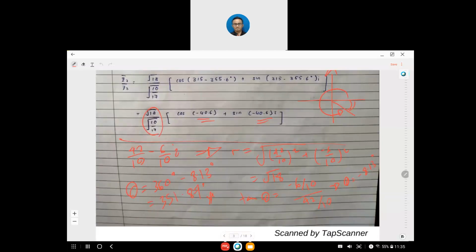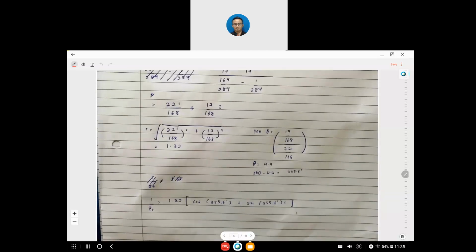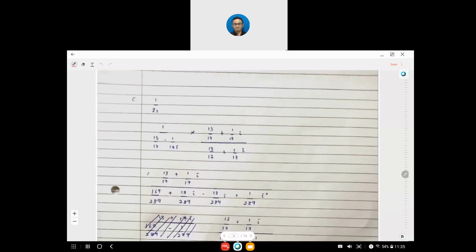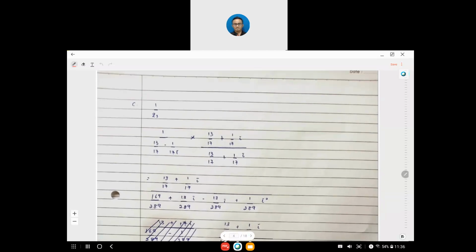Sorry. Why did you do it like this? Is it correct? What is your Z3 equal to? Z3 is 3 minus i divided by 4 minus i.